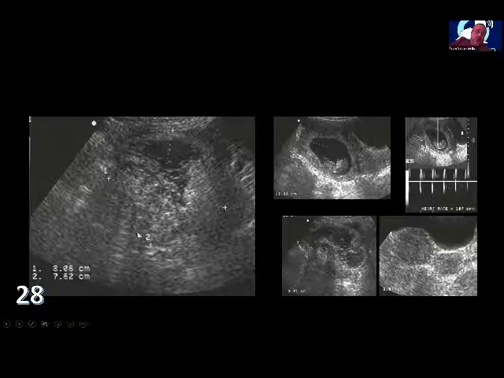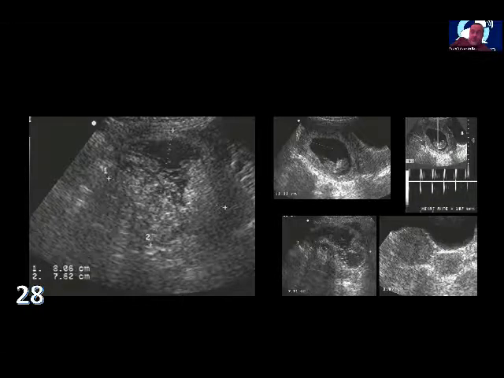If I point it out to you, you can see it. Otherwise, you probably will not see it. You can miss this and think it is intestine or something else. And this has been performed with an old ATL Ultramark 9 machine, a piece of museum.